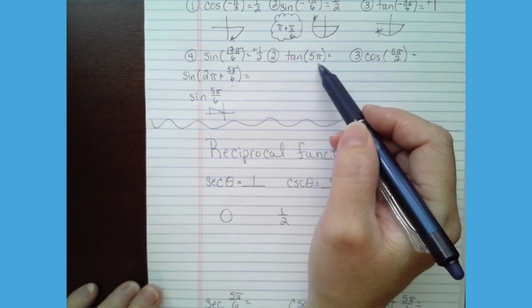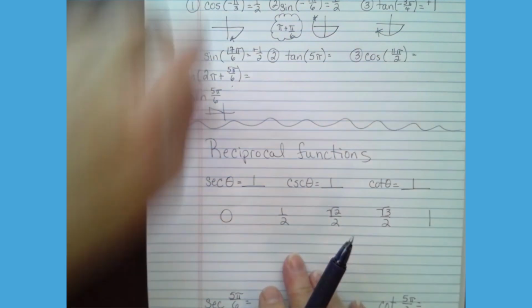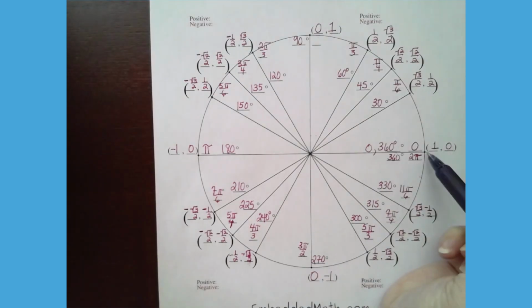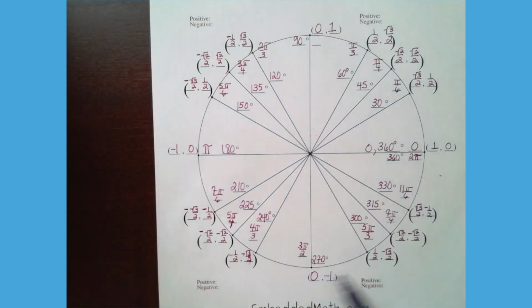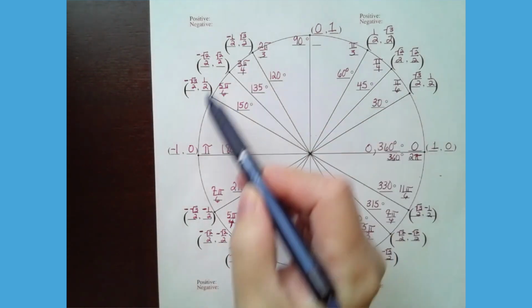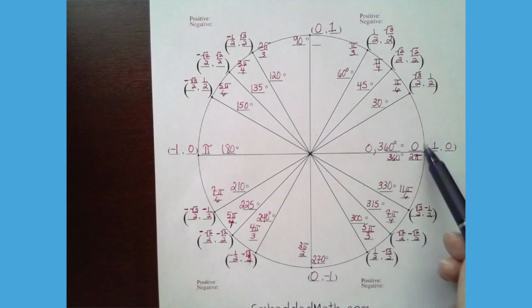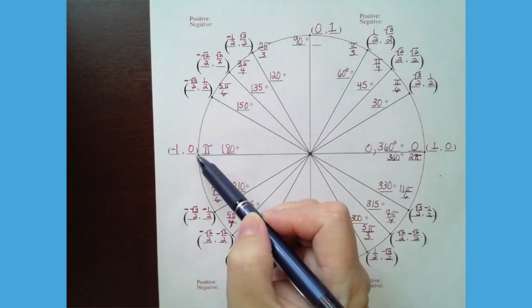How do you go 5 pi? Well, I don't know. Let me just grab my unit circle. We'll look. So here's 1 pi, 2 pi, 3 pi, 4 pi, 5 pi. So I land right there. So what is the tangent of 5 pi?